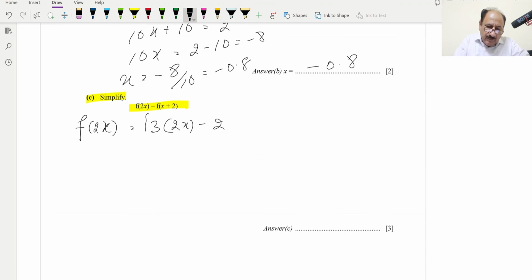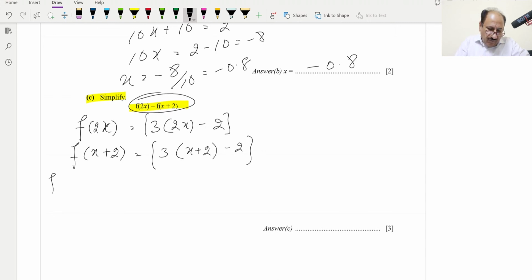This will be the f of 2x. Now f of x plus 2 will be 3 into x plus 2 minus 2.